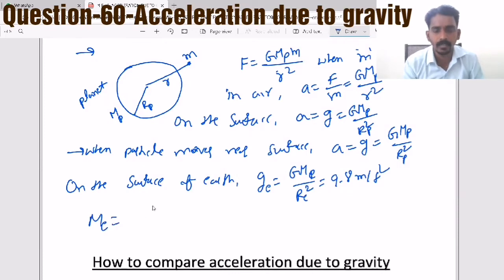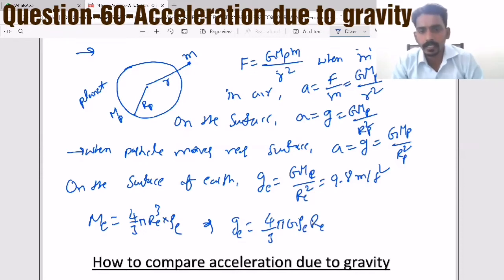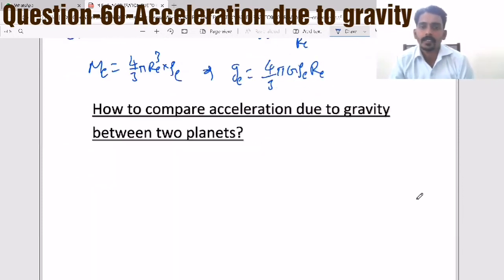The same thing you can also express, as mass means volume times density, where density is the average density of Earth. If you substitute, you will get the formula 4 by 3 pi G rho into R. So this is the formula of acceleration due to gravity on the surface of any planet.